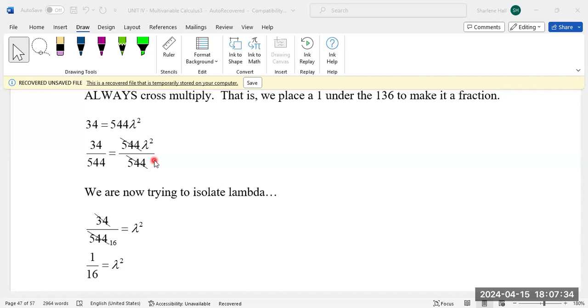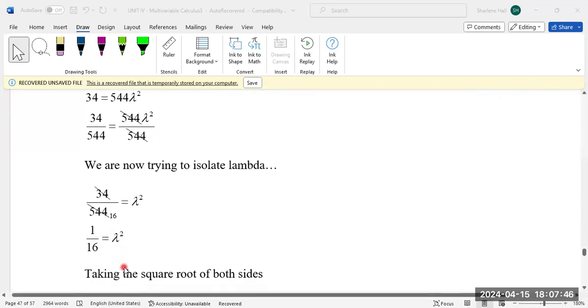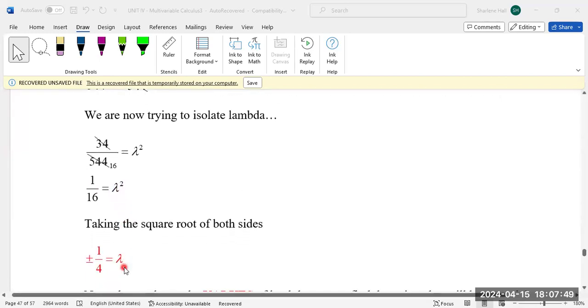Let's go. So as Asunil asked, I can find the value of lambda by taking the square root of both sides. So lambda now is going to be equal to plus or minus 1/4.